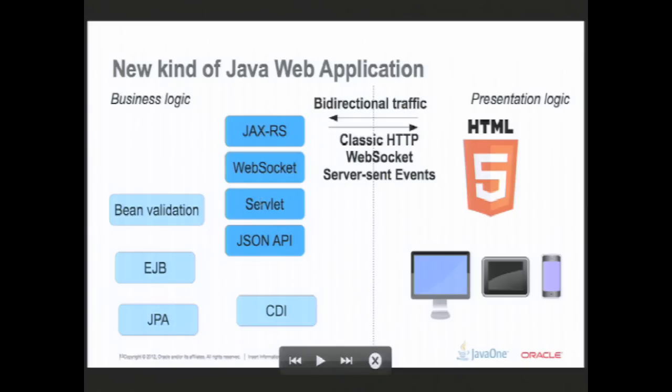The Servlet specification was revised and improved, so it has also some additional capabilities in this area. In particular, it allows so-called upgrade requests. So if you have an ordinary HTTP session, you can upgrade it to WebSocket through some negotiation protocol. The JSON API is an API for standard processing of JSON in your Java applications. The rest is the same basically on the server.